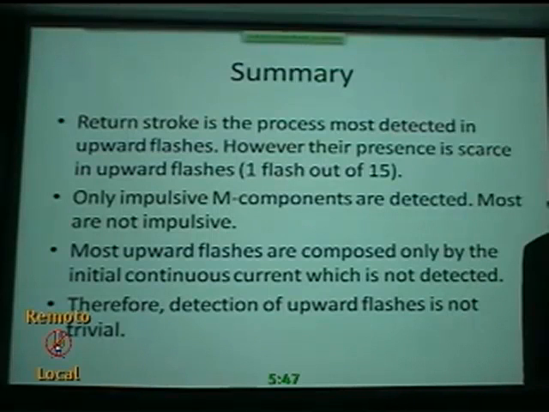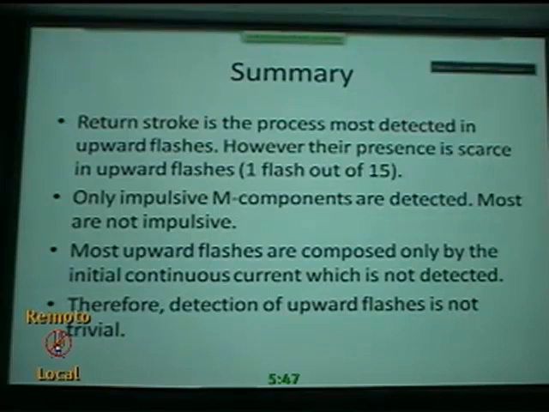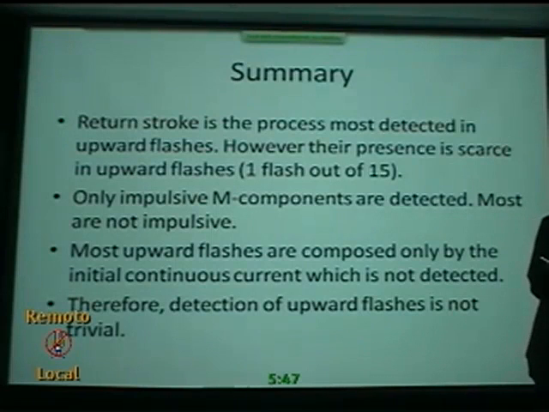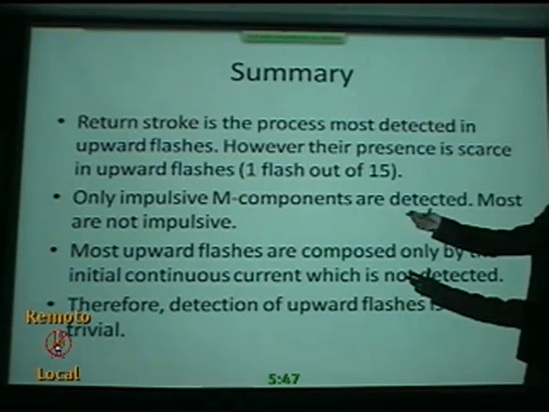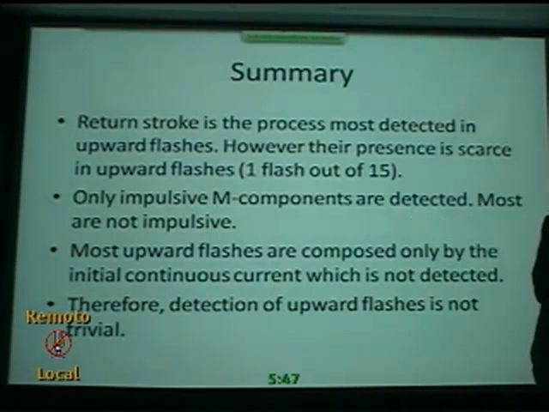It's not trivial because you usually have this initial continuous current, and you usually have M components which are not impulsive. So you have to wait for return strokes, which are not very common. In these 15 flashes, only one had pure return strokes, or impulsive M components. And that's it. Thank you.